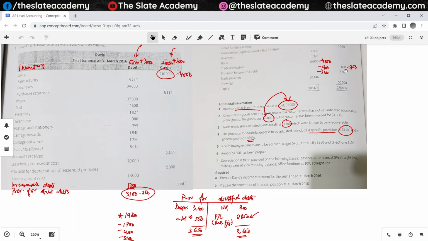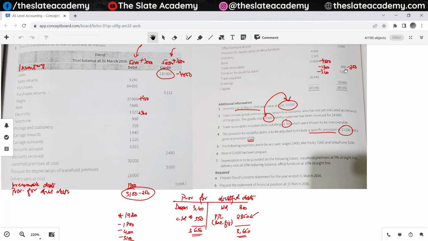So for wages, I'll add 400. What's accrued expense? Have we discussed that before? Okay. And then there is electricity. How much is electricity? 360. So to the electricity expense 1027, I add 360.